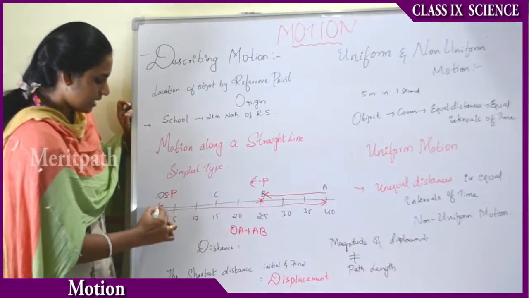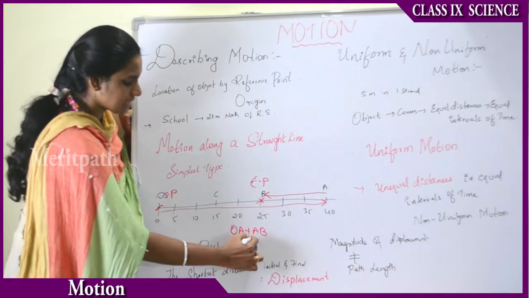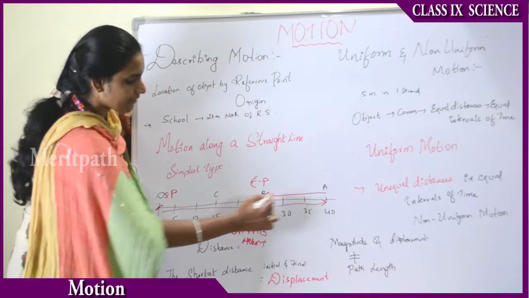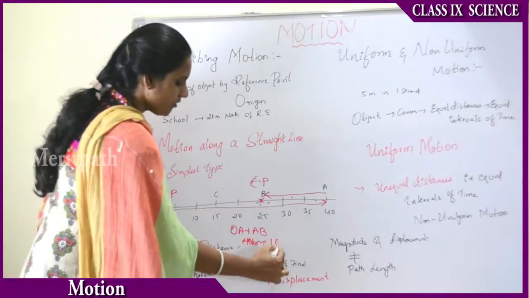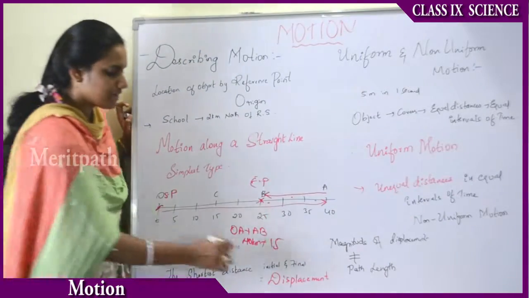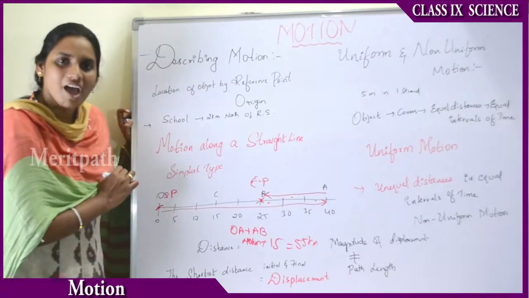Therefore, the distance covered in the forward path is 40 kilometers and in the backward direction is 5 plus 5 plus 5, that is 15 kilometers, right? 40 plus 15 kilometers gives us 55 kilometers, the total distance covered by the object.